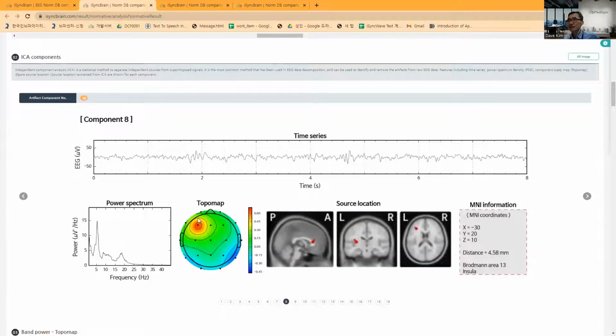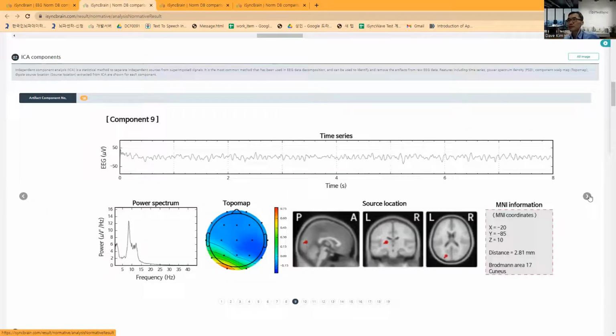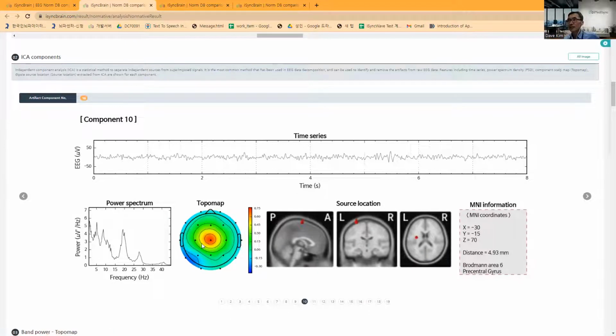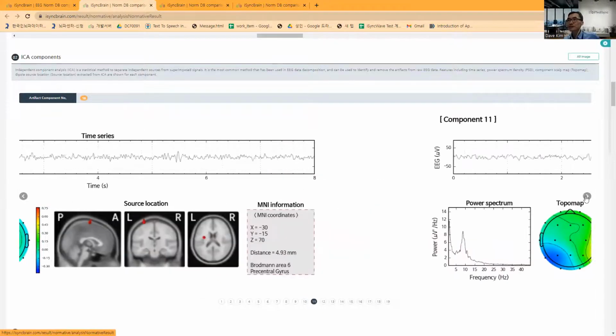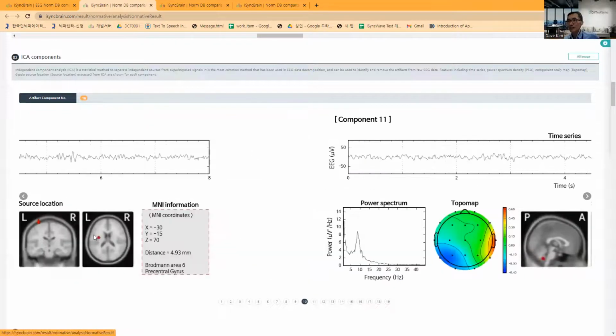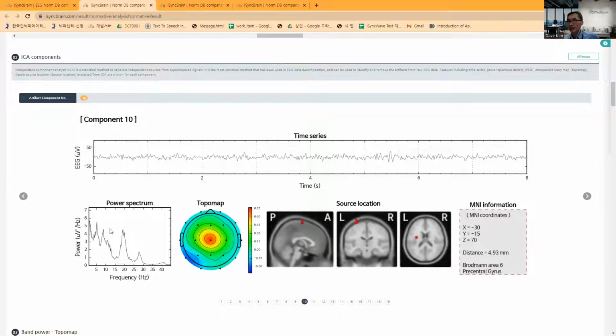Another theta rhythm in the left frontal area. She also has a kind of theta rhythm in the precentral area too. Basically, a lot of theta and alpha and beta activity at the same time.